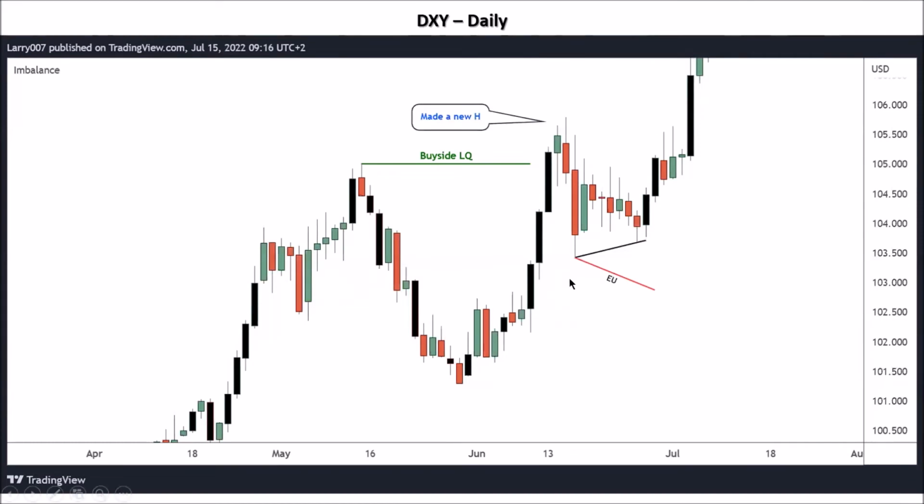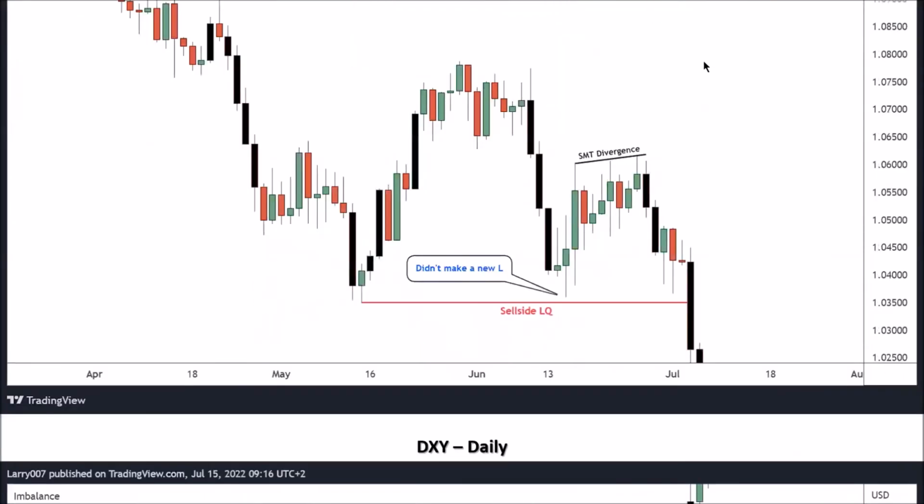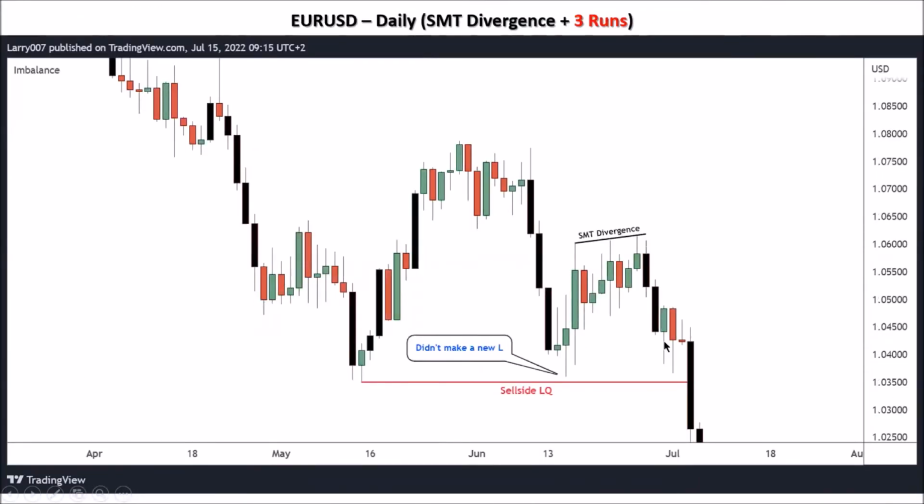It's taken from there. And look how many days we have after, before this move happens. Look how many days. So on the DXY, this week, it came below.